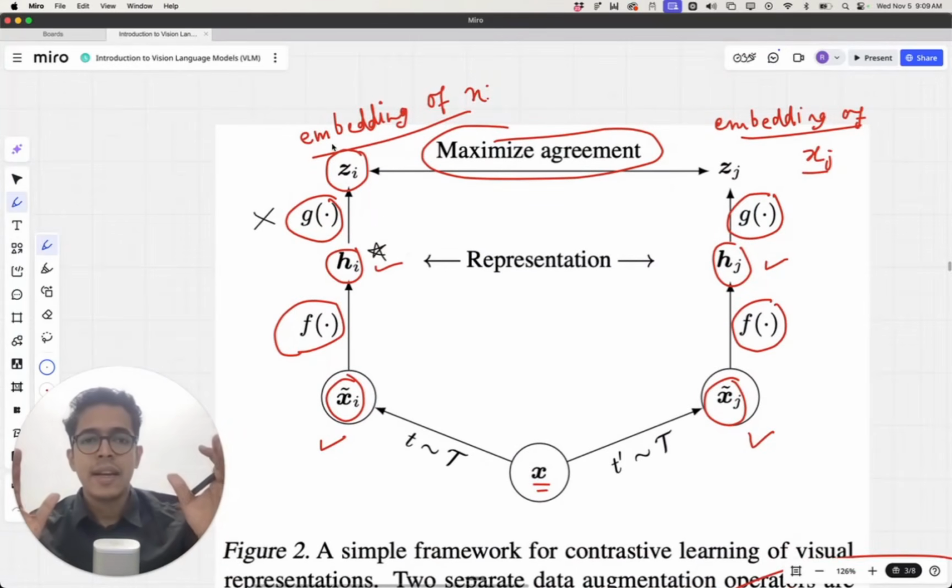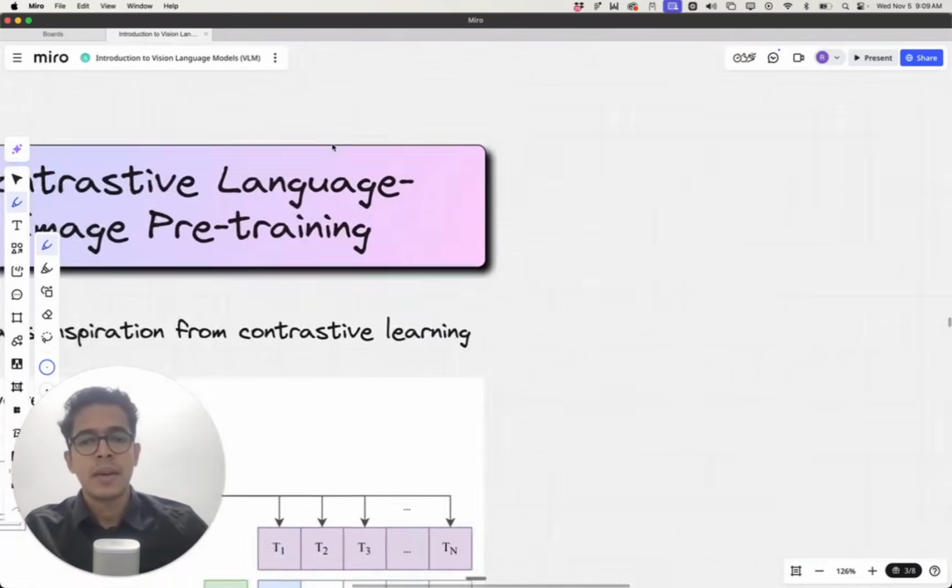So we trained a network to produce the embedding, and you can compare the embedding for one transformation against another, or for two positive pairs, or between two negative pairs. For positive pairs, the embedding should result in high cosine similarity. For negative pairs, low cosine similarity.